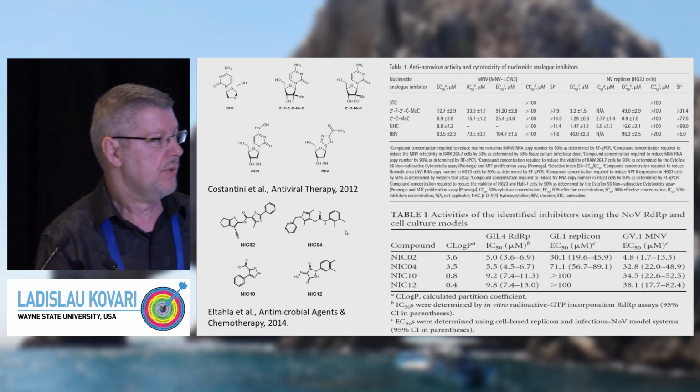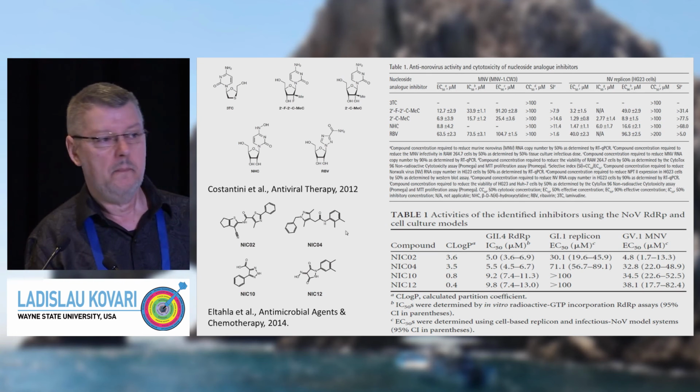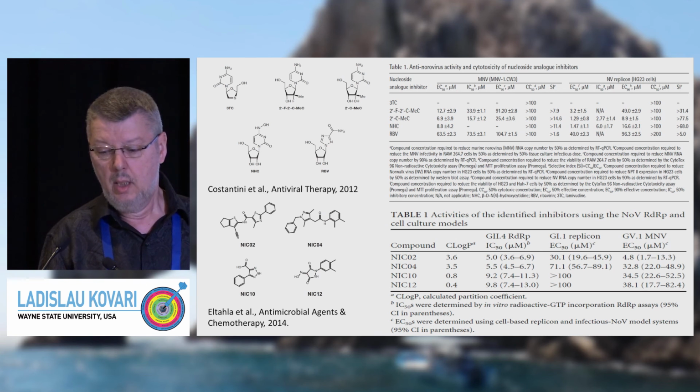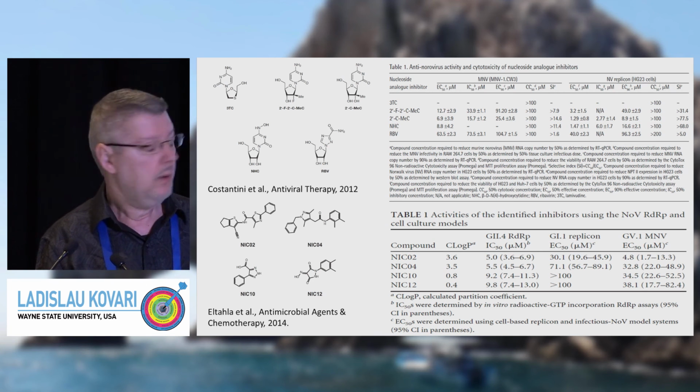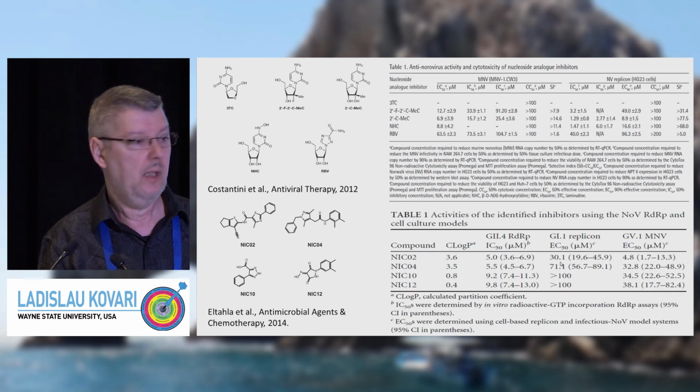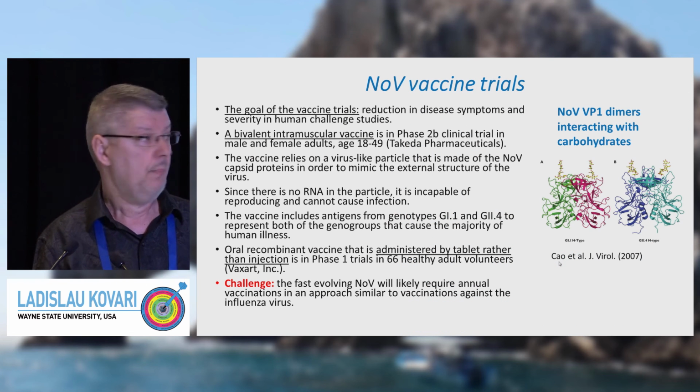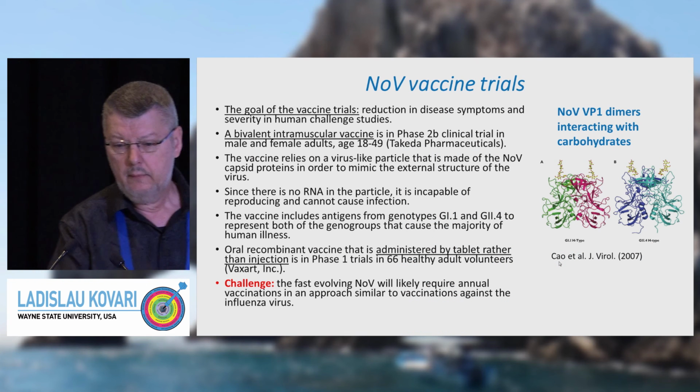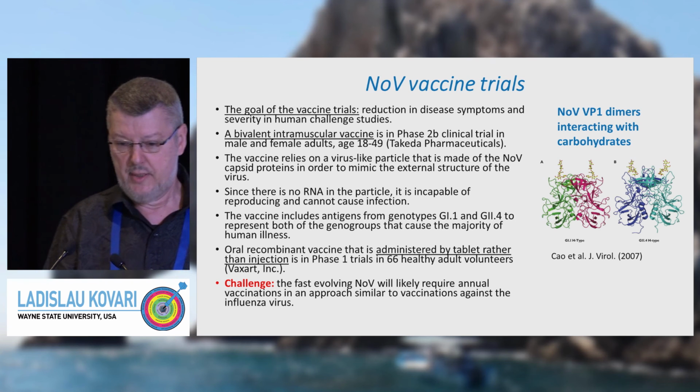These non-nucleoside inhibitors have been characterized based on screening of about 20,000 drug-like molecules, and currently compound 02 has a certain micromolar activity, so this is a starting point for optimization. Very briefly about vaccines.